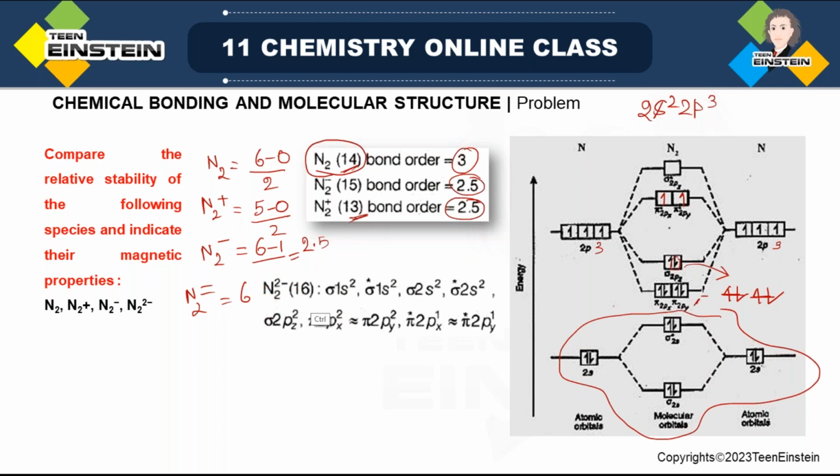So for N2 2 minus, if you remove this part, it doesn't matter because all these bonding and antibonding will compensate each other. So just focus on this. So whatever for N2 2 minus, we have seen it is 2. So now if we write in brief, what are our results?